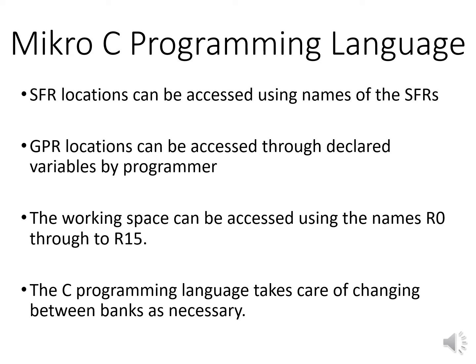When we use a microchip assembly language to program a PIC, we need to specifically change banks whenever there is need. However, when we use Mikro C programming language, we do not need to change the banks. The compiler changes the banks for us whenever there is that need.